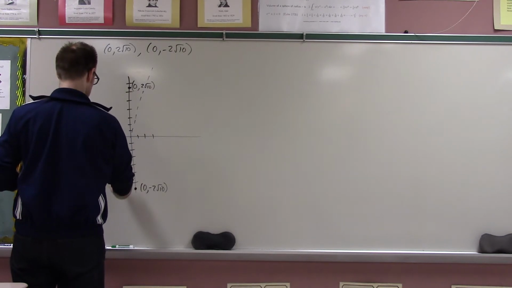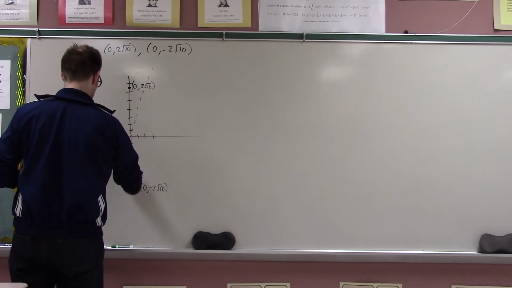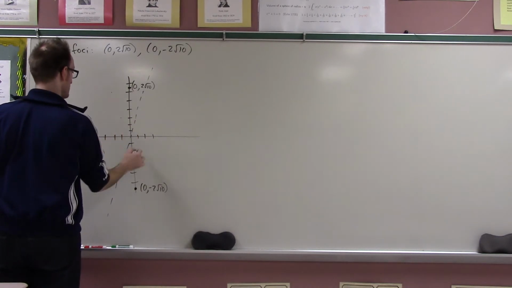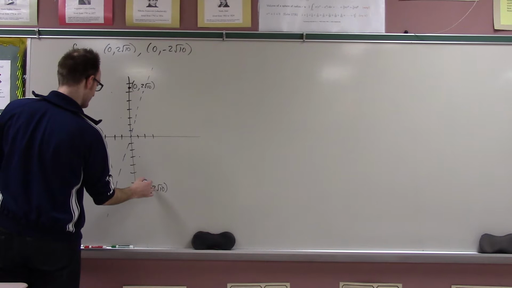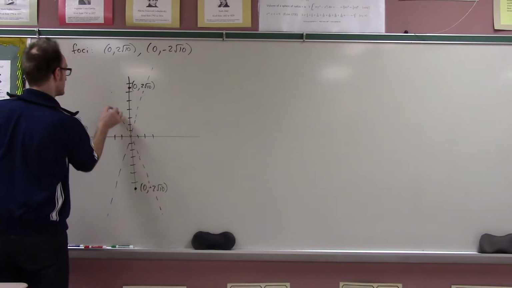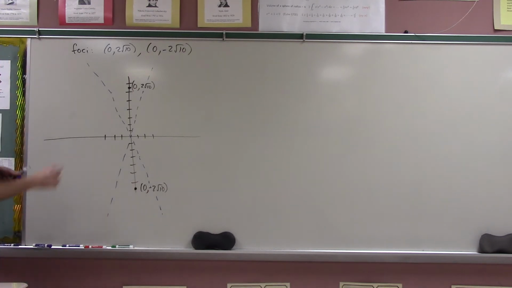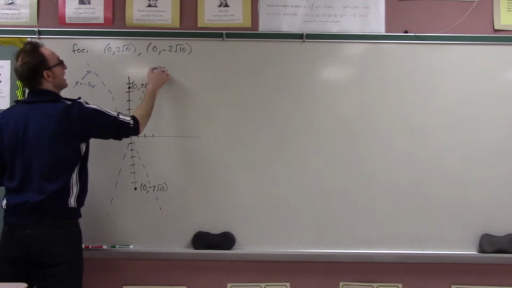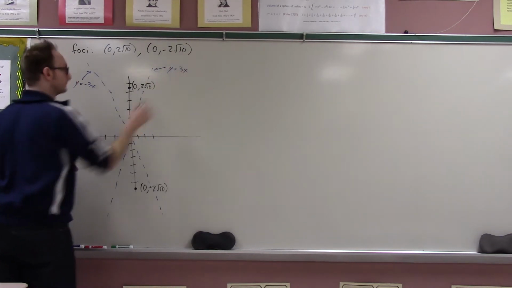Harder to draw freehand, should be easier for you on your paper. So here's basically the situation. These are my asymptotes, y equals negative 3x and y equals 3x.